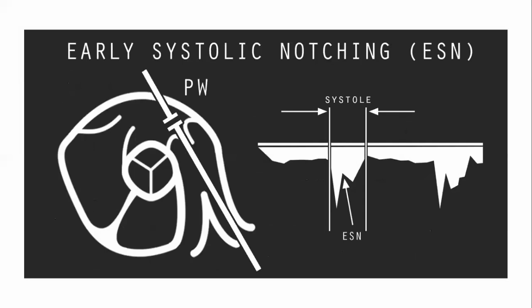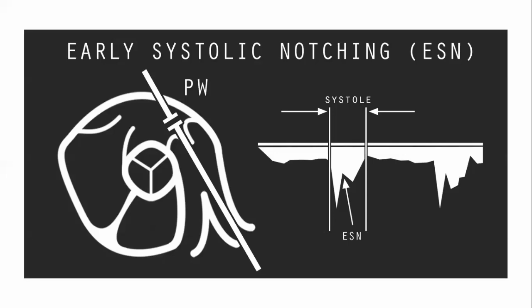Another thing that seems to be an excellent finding on echo, based on one of the studies, is what we call early systolic notching. Again, looking at your parasternal short axis and putting pulse wave through your right ventricular outflow tract, you just see whether in systole you have a notch on your pulse wave.